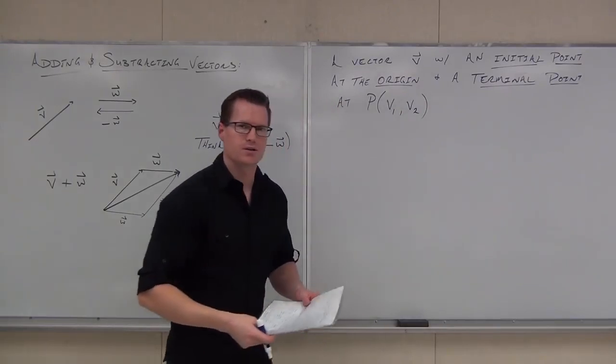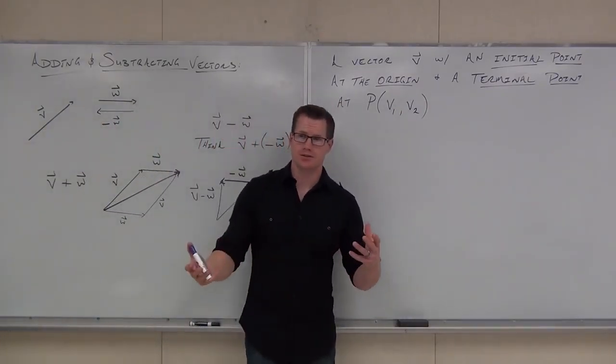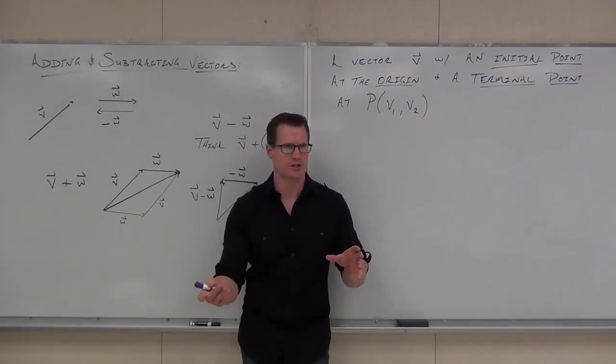You're going to see this a lot, just so you know. A lot of times when we're working with vectors, I'm going to give you the notation in a little while. You're going to have to kind of hang out for a little bit.